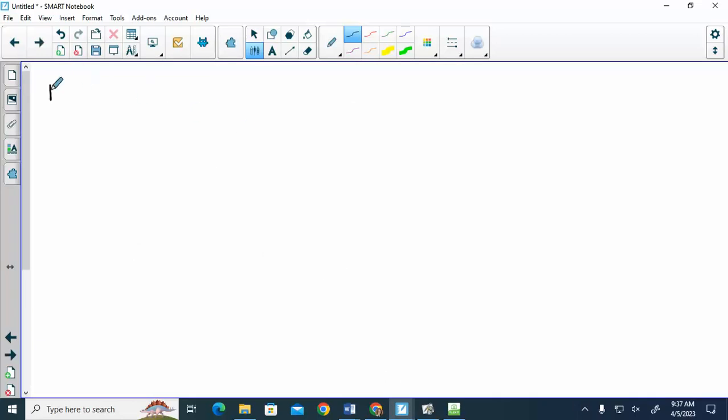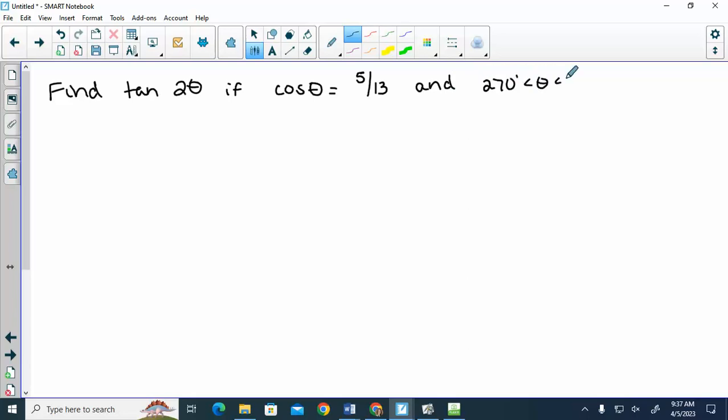So let's say I told you to find tangent of 2 theta if cosine theta is 5/13 and 270 is less than theta is less than 360.